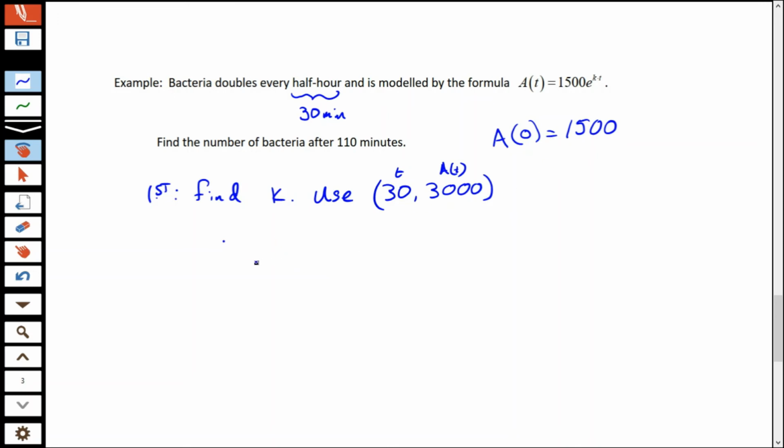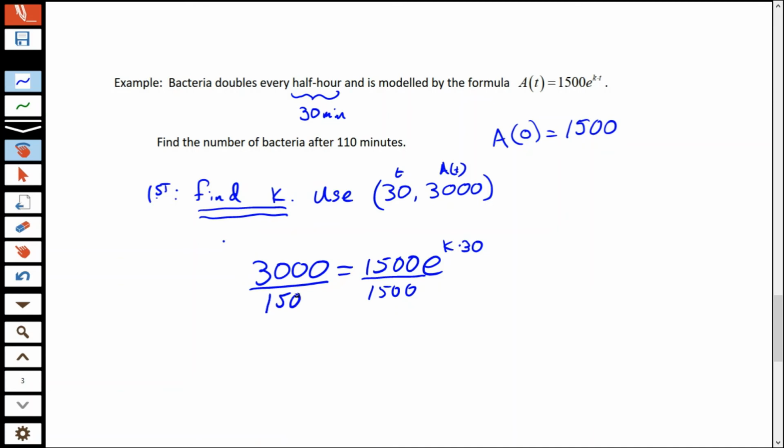So 3,000, the population doubled from the original 1,500, equals 1,500 e to the k times 30, okay? Now we want to solve and find that growth constant. First thing I'm going to do is divide the 1,500 over. Got to get that exponential by itself first. And that means 2 equals e to the k times 30.